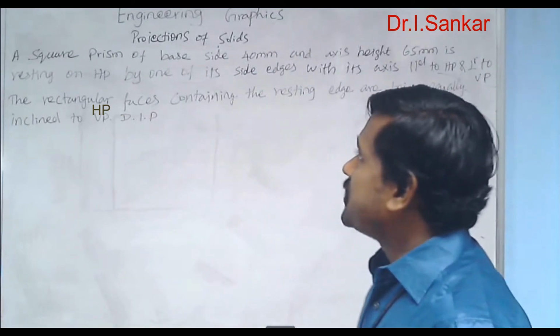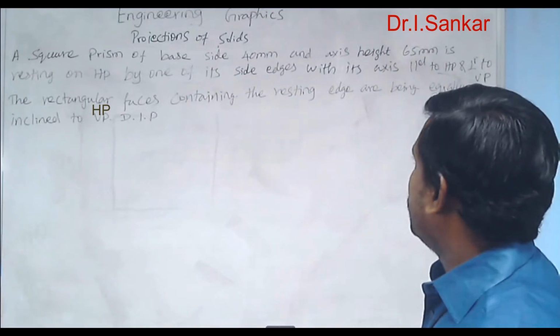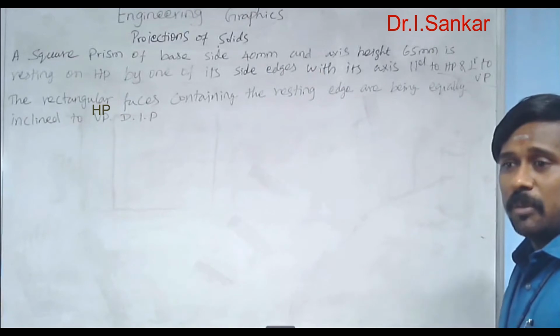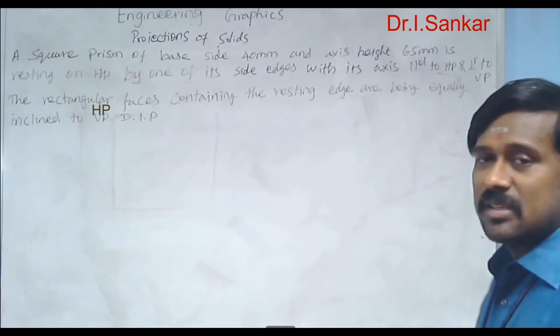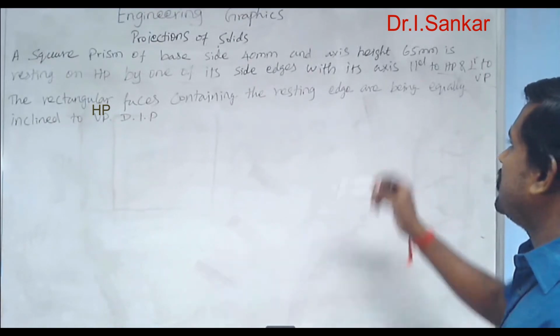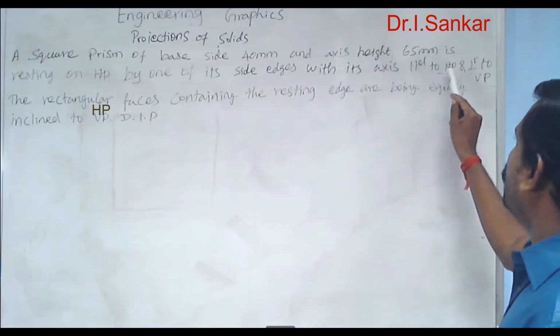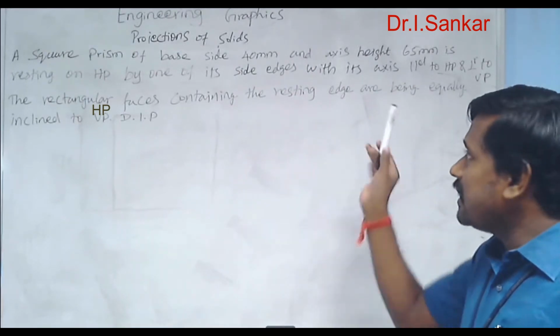A square prism of base side 40 mm and axis height 65 mm is resting on HP by one of its side edges, with its axis parallel to HP and perpendicular to VP. The axis condition is clearly given.